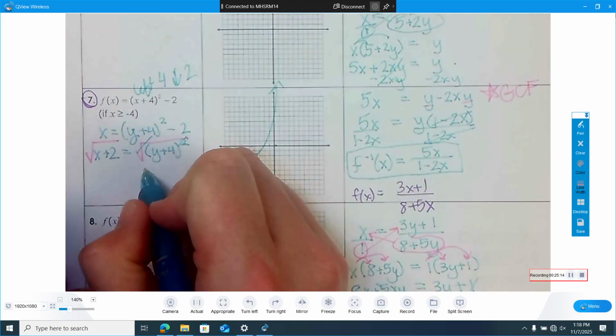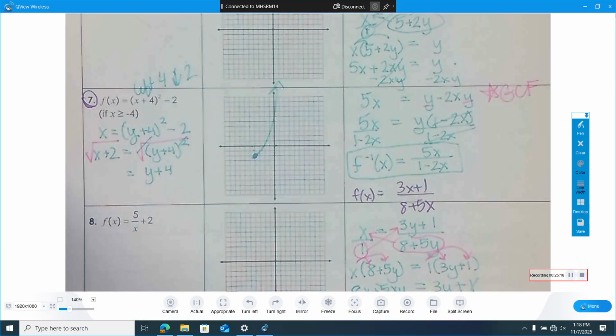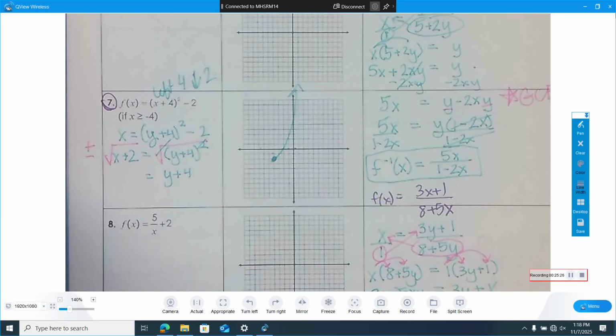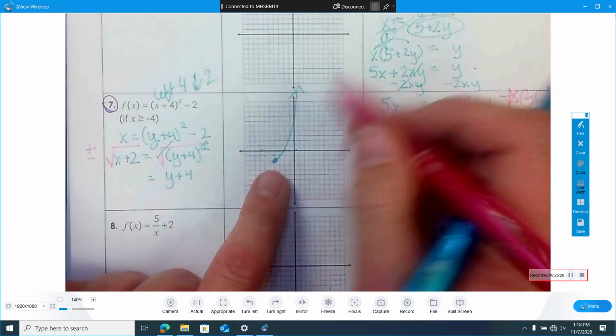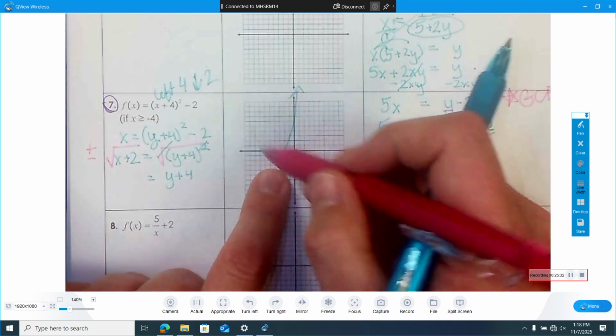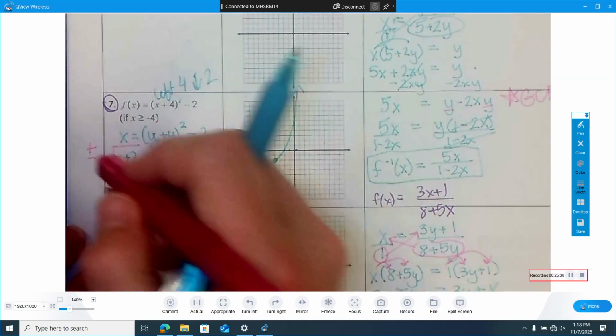Now, normally, when we take a square root, what do we have to remember? Plus or minus. Normally we have to remember plus or minus because there are two sides to this curve. But I don't have two sides to this curve. I only have one side.